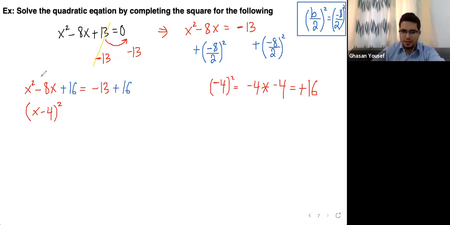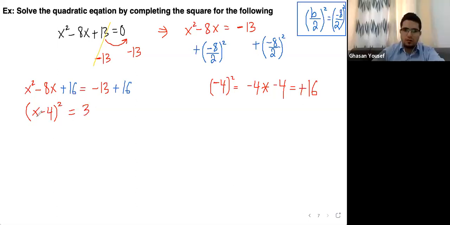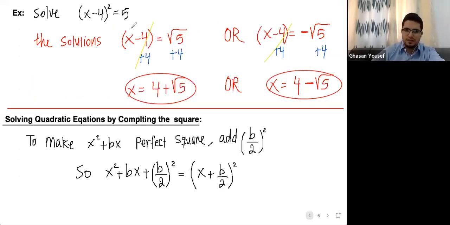You see, Ahmed? So now I get the perfect square from this side. x squared minus 8x plus 16 gives me the perfect square x minus 4, everything squared. This equals minus 13 plus 16. What's the value? Positive 3. Now look, x minus 4, everything squared equals 3.